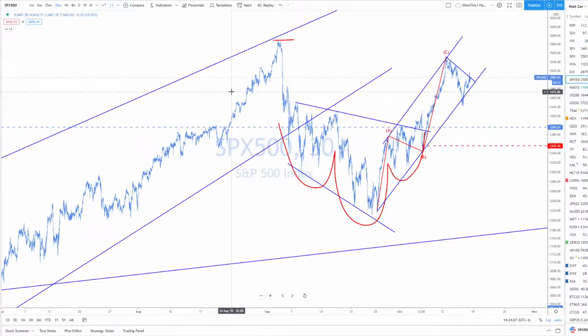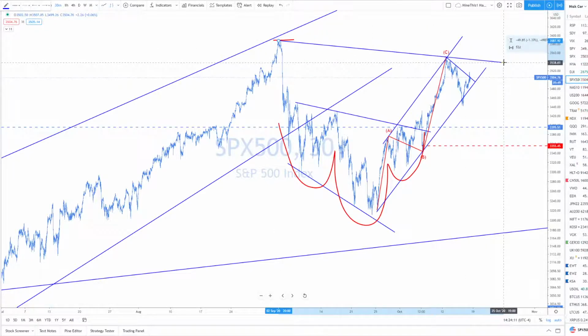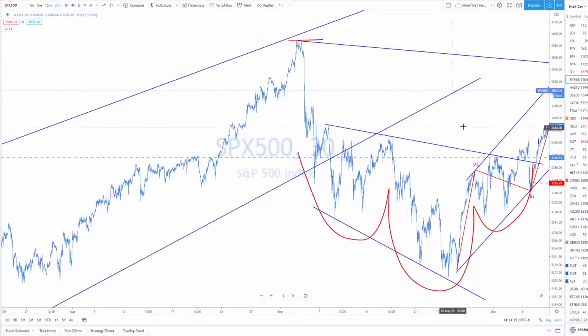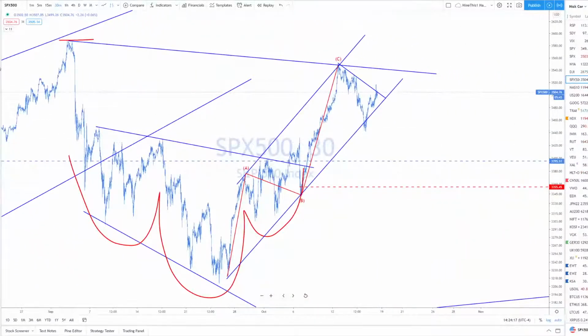Okay. All right. So the resistance area on the move up is going to be this trend line, right? It's going to be up here, and then that could possibly fail. All right.